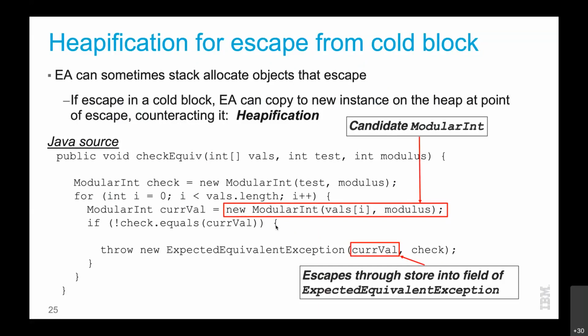And this exception that we're constructing stores the value of curval, the candidate object, into a field in the exception instance that's being created. So it's considered an escape.